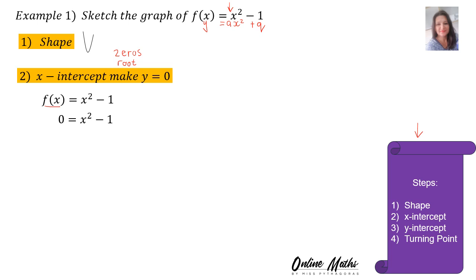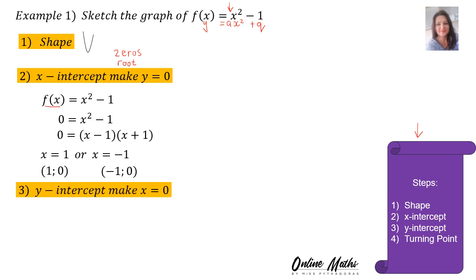So when we factorize x squared minus 1, we end with x minus 1, x plus 1. And then the roots, the x-intercepts, the zeros are x is 1 or x is negative 1. And then as a coordinate, it's the point 1 and 0, or it's the point negative 1 and 0.